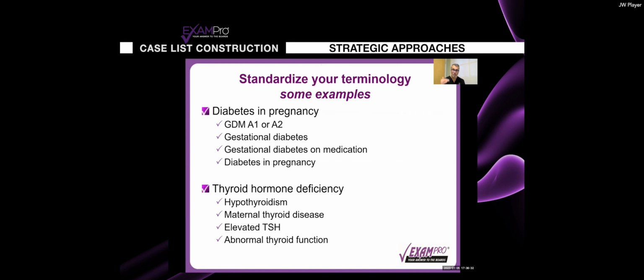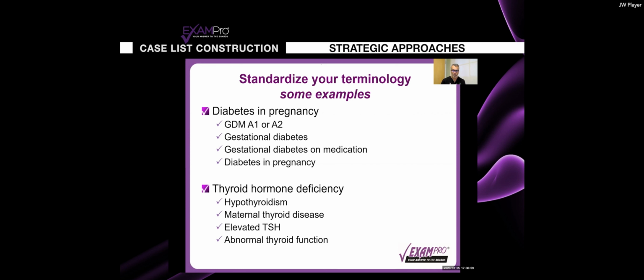Okay, so a couple of common examples that I see on case lists, where on one person's list they'll use different terms in different cases to describe the same thing. Here's a couple of the really classic ones: diabetes in pregnancy, and I'm talking about gestational diabetes, okay? Because we could talk about pregestational as well, but with gestational diabetes, there's a lot of different terms that people use: GDMA1, GDMA2, or gestational diabetes not on medication, gestational diabetes on medication. So again, pick your term.